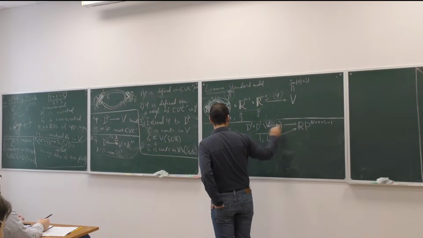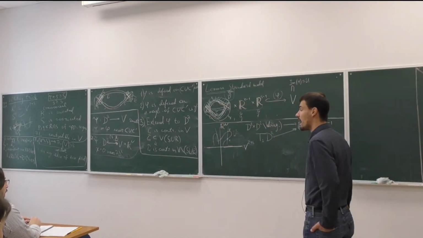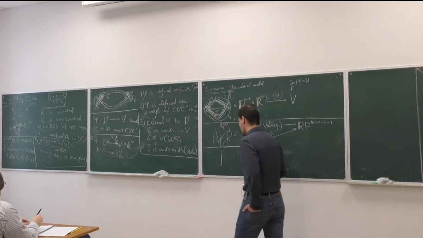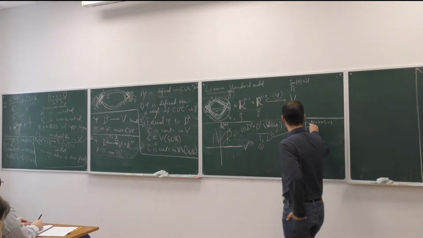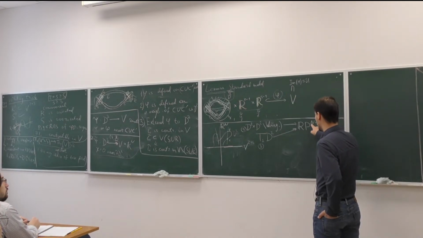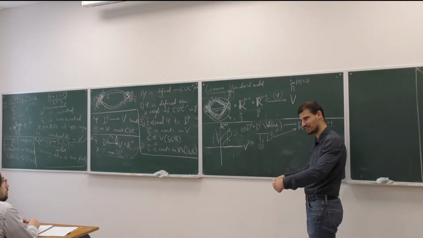I consider the corresponding direction in the total space. But now, look, this one is 4-dimensional. This one is 3-dimensional. This one has dimension n, at least 1 if we still want to proceed with the projection.